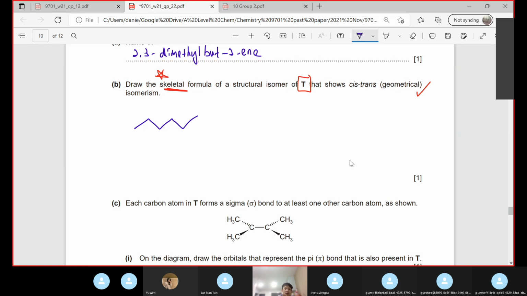And your double bond, as long as you don't show the double bond at the terminal carbon, then your alkene will definitely show cis-trans isomerism. Then this is one of your answers. Or you show it like this, double bond at the middle, also can. There are some other answers, but I don't think we go for that. These 2 are more than enough actually.